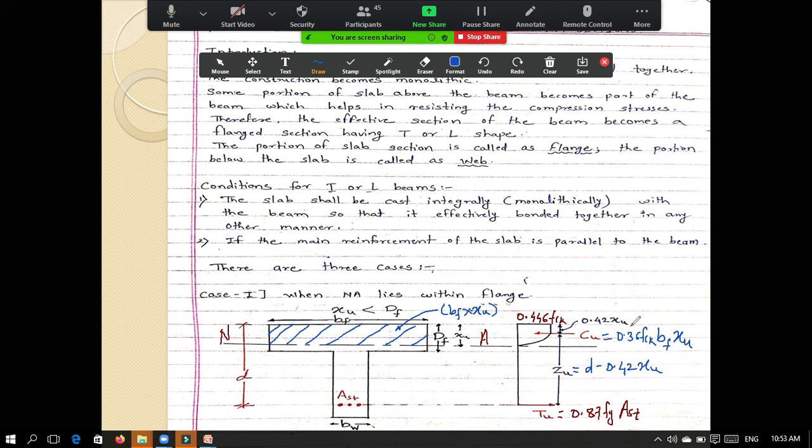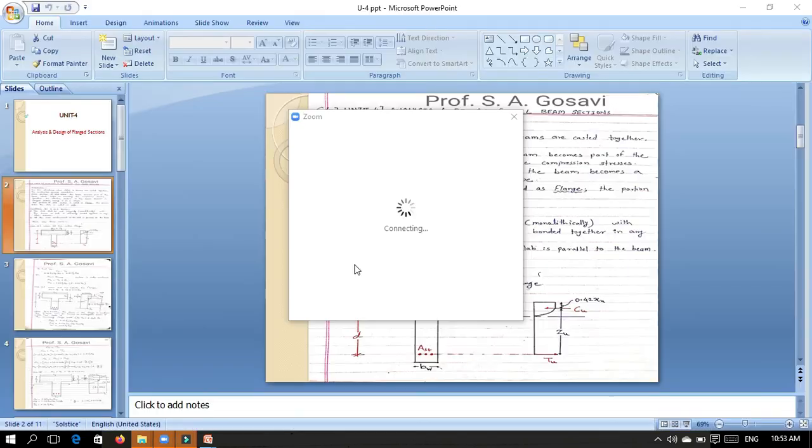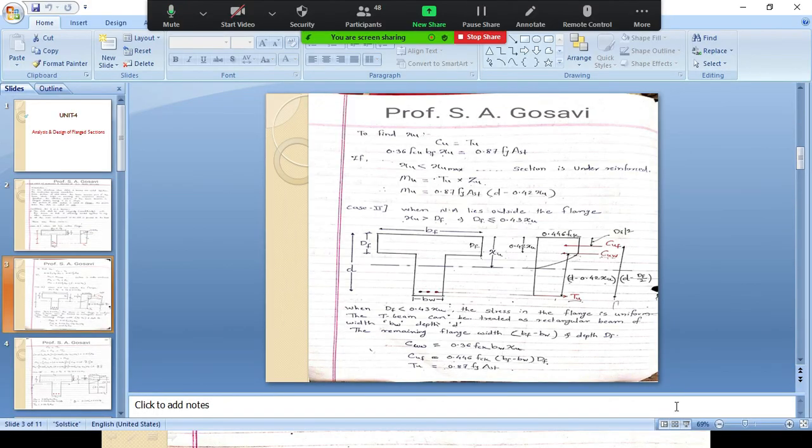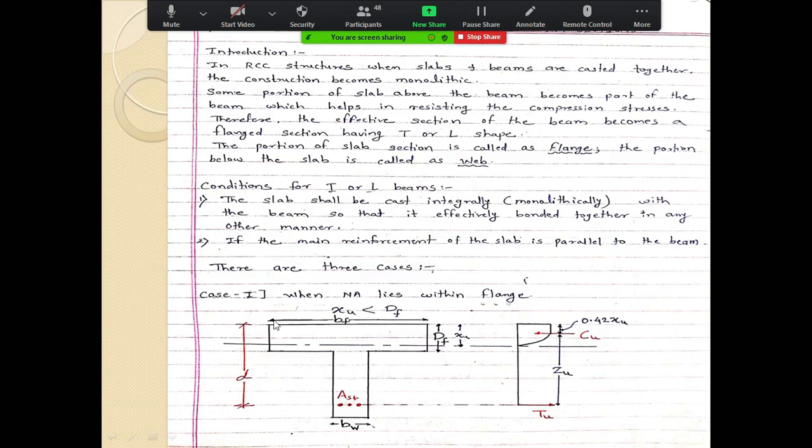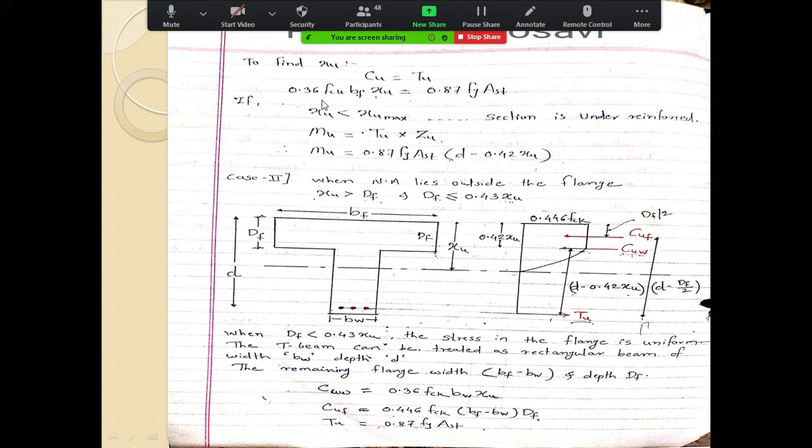I will clear all the drawings. Now here all the formulas are written which I have told you already. That is, to calculate Cu, 0.36 fck Bf into Xu.